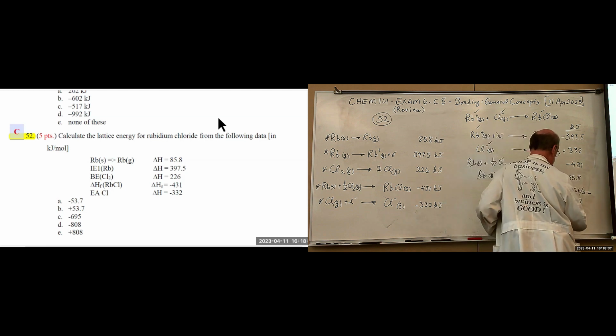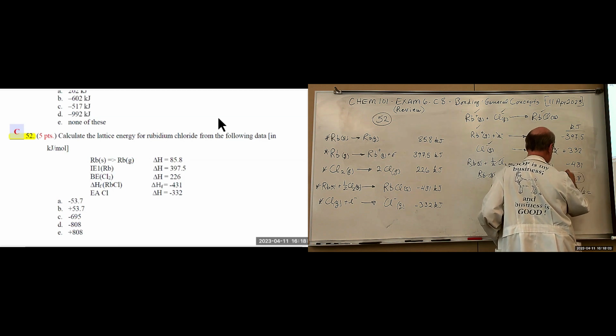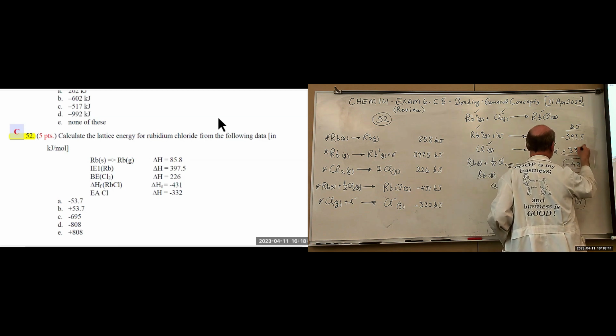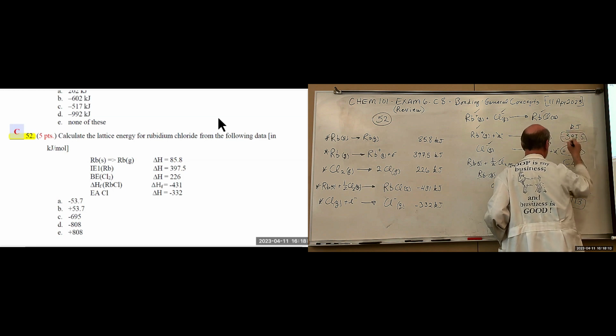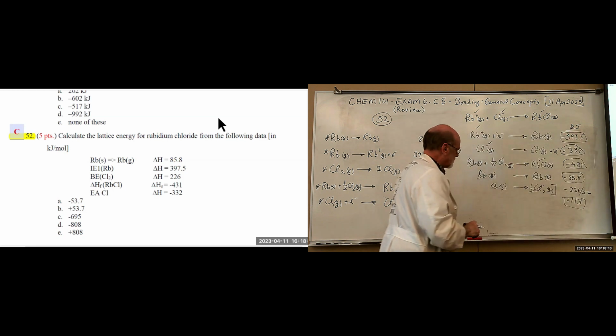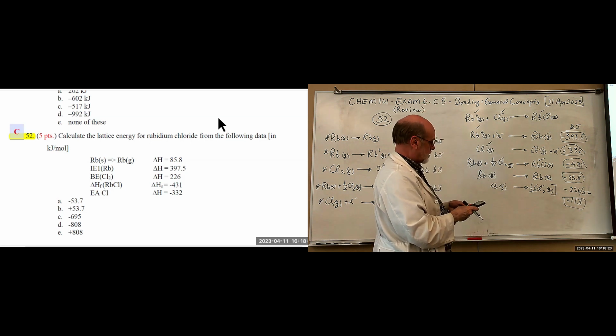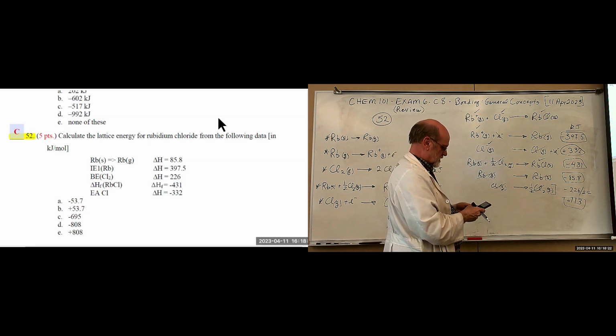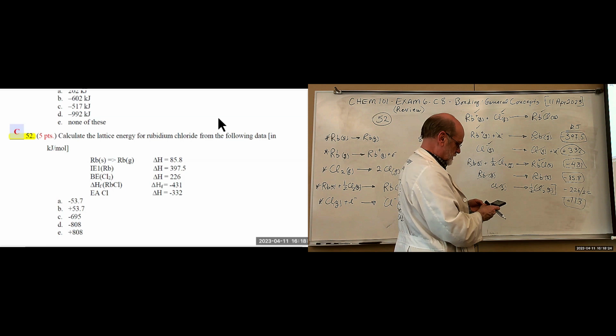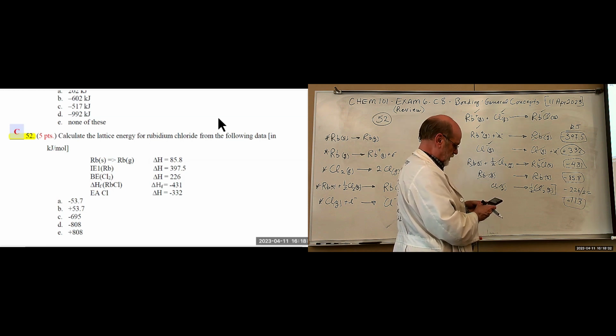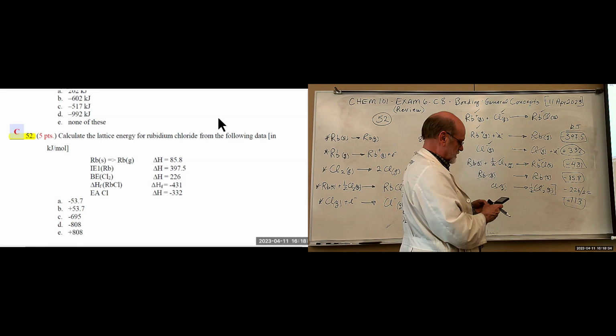Okay, so we're going to add this one, this one, this one, this one, this one. There we go. So 397.5, change the sign. 332, add together, 431 minus, 85.8 minus, and 113 minus.